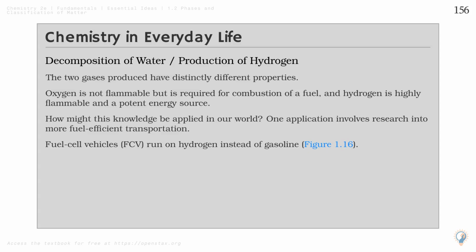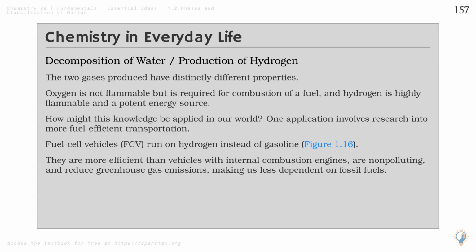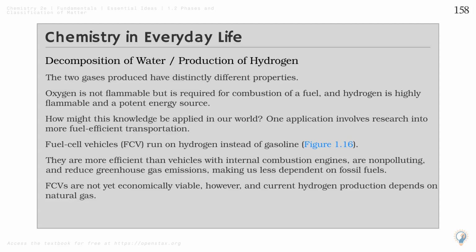Fuel cell vehicles, FCV, run on hydrogen instead of gasoline, Figure 1.16. They are more efficient than vehicles with internal combustion engines, are non-polluting, and reduce greenhouse gas emissions, making us less dependent on fossil fuels. FCVs are not yet economically viable, however, and current hydrogen production depends on natural gas.